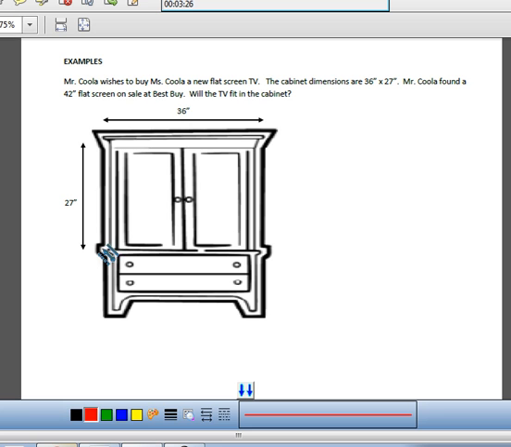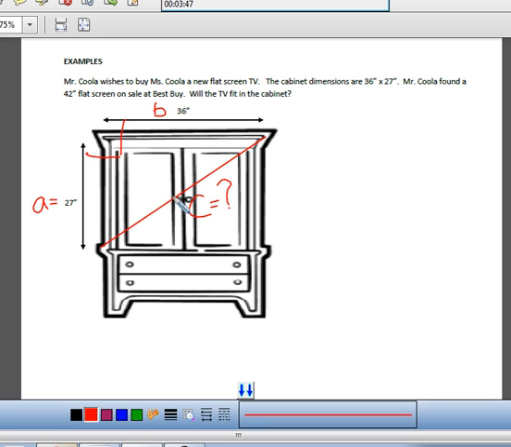Now, if you know anything about TVs, the screen is measured by the diagonal, and what we are creating is basically an upside down right triangle here. So we have our a, we have our b. What we don't have is the c, the hypotenuse, the longer side, the diagonal.